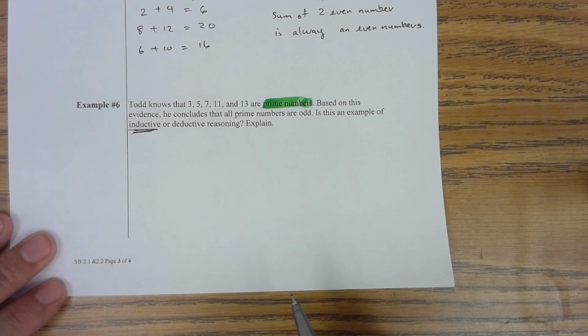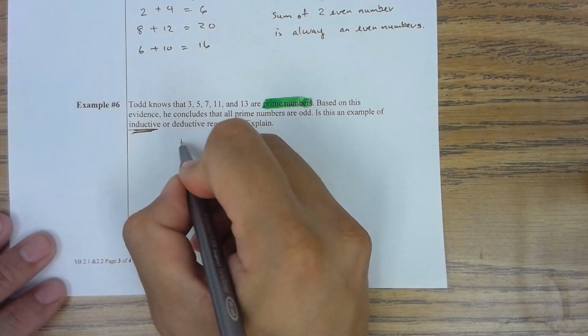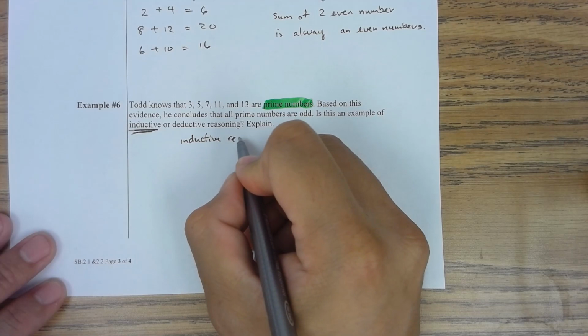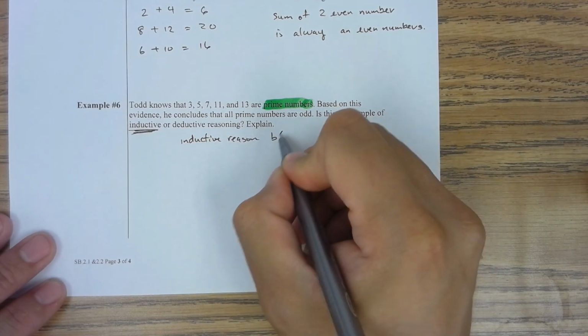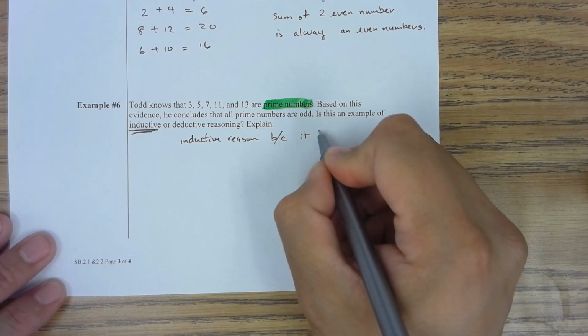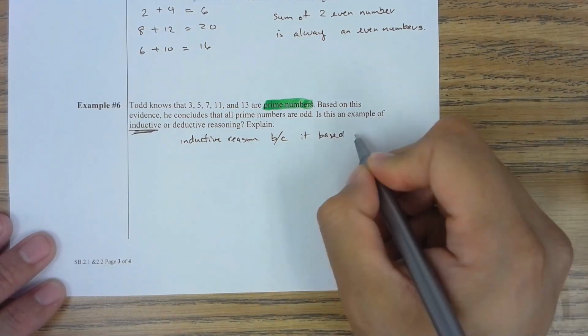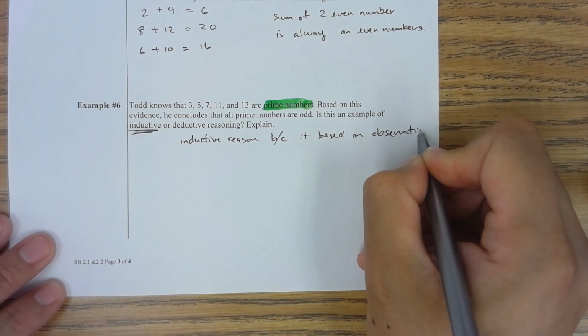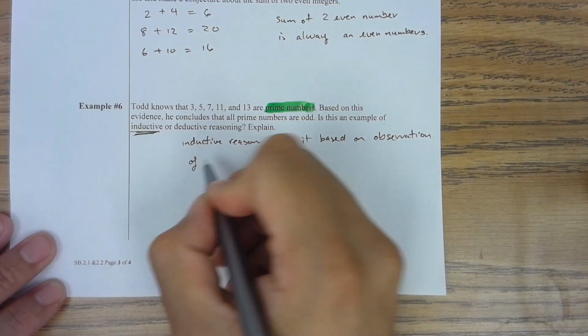Why do you think that is? Well, again, if you look at the definition, inductive reason is based on the observation of pattern.